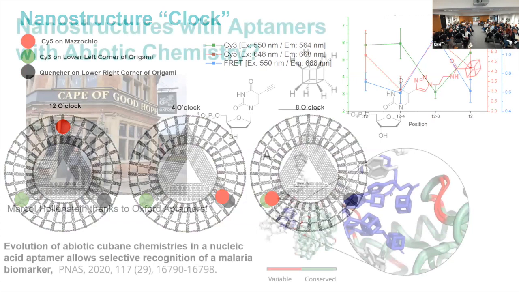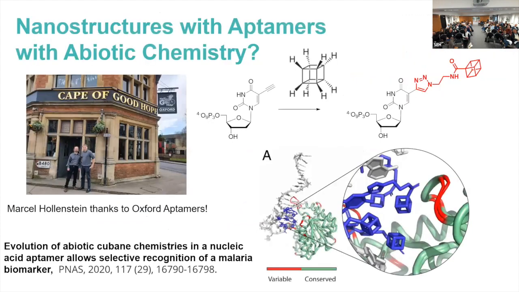And then I think if you go on to using chemistry, it's a long way beyond the typical ACGT. So for example, the collaboration we had with Marcel for using cubanes within aptamers, which was really stimulated by this conference. I think this photo is maybe 6 or 7 years ago. And then Marcel's amazing nucleotide chemistry to make these cubane-type analogs.